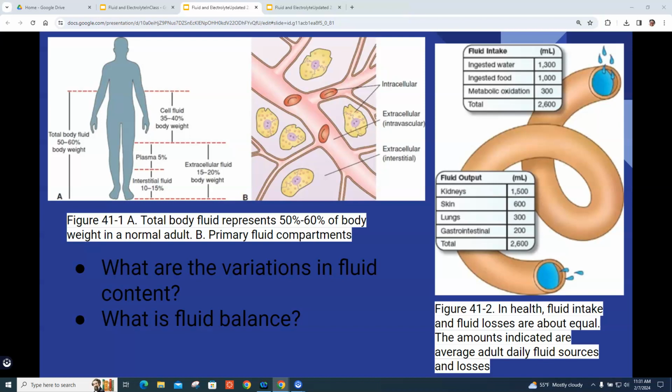Fluid output is or should roughly be equal to 2,600 mLs, but make sure you understand that sometimes that balance can occur even after 24 hours. So, think of all the things we do.